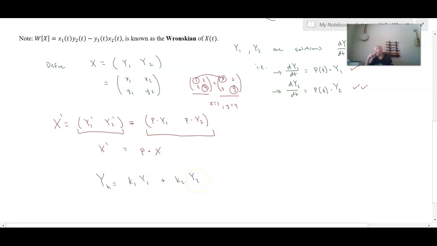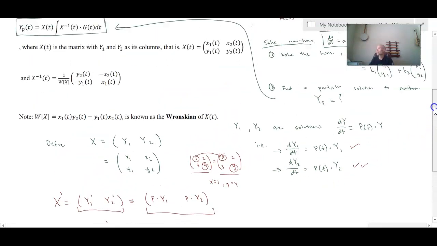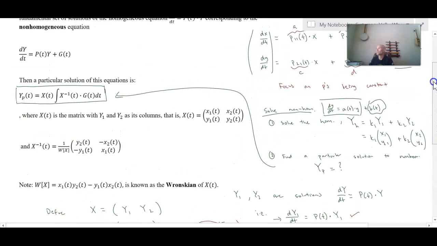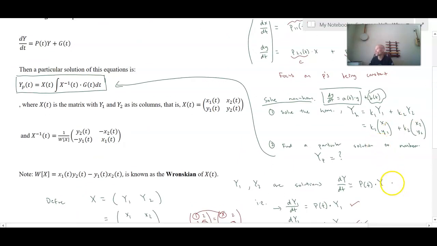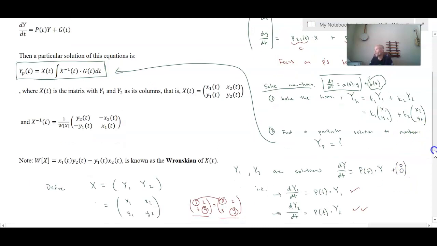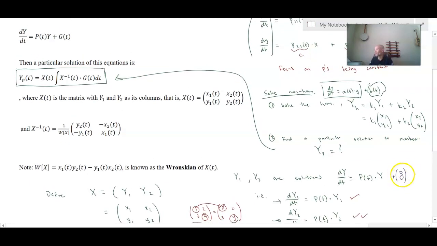Now from what we've learned in the past, this is not going to work for the non-homogeneous case, because remember that when we solve the homogeneous case, we're assuming that g of t has zeros in it. So this is really plus a vector containing two zeros, I should say. Okay, so this is not going to work whenever these aren't zeros.